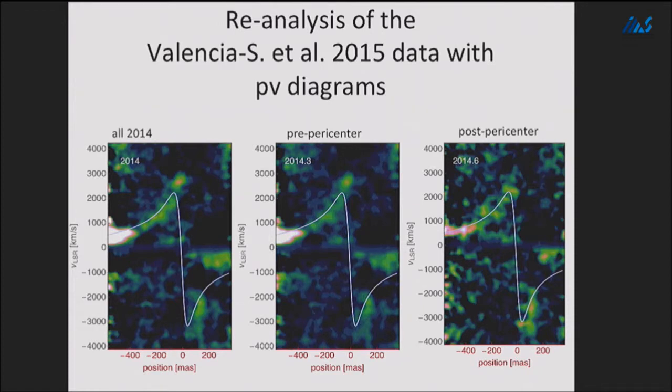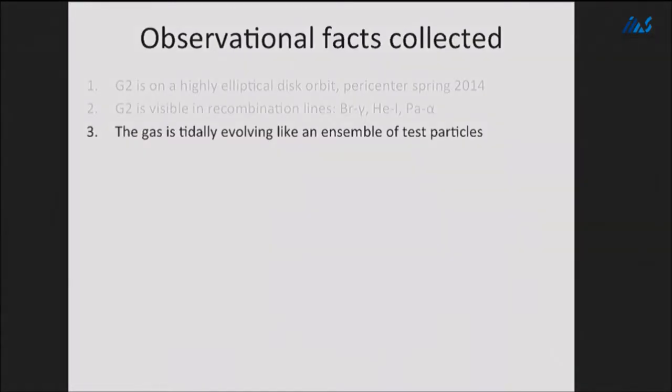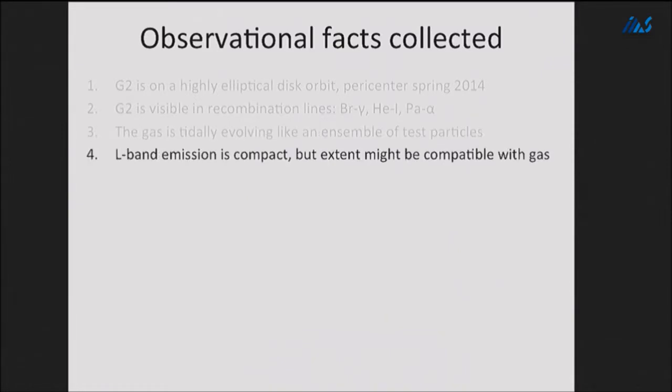Of course, if you take the brightest peak, you might end up taking something here and then later something here, but that is only a tip of the iceberg effect. So I think that statement is safe, that we see gas tidally evolving like an ensemble of test particles. The L-band emission, on the other hand, is compact, but the extent might be compatible with gas. And here's the point which I think is most puzzling.